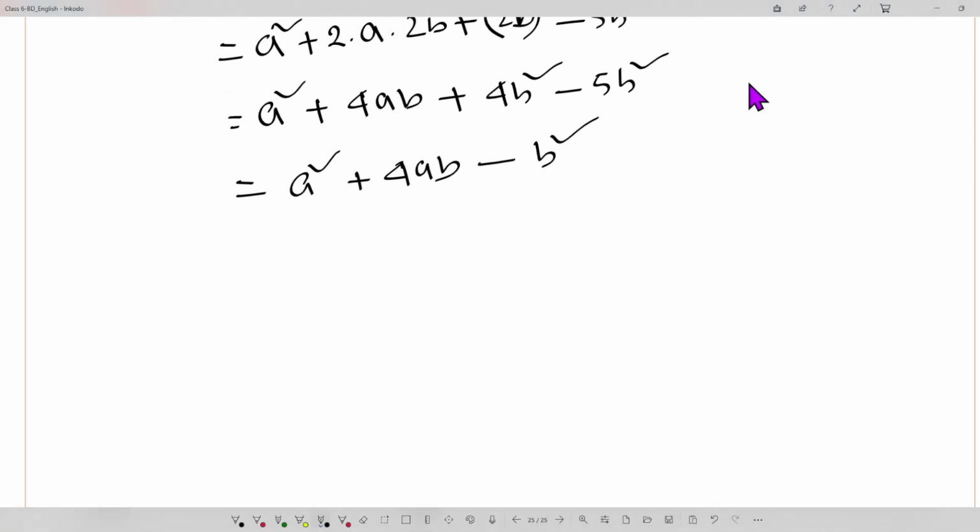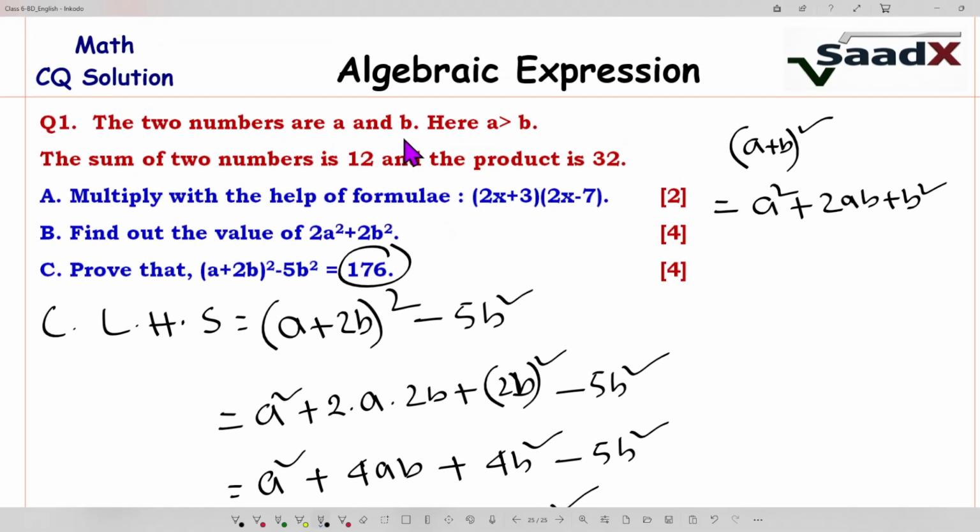Now this is the important point: here is a square minus b square plus 4ab. We have the value of ab, which is the product, 32. It means ab equals 32, right?